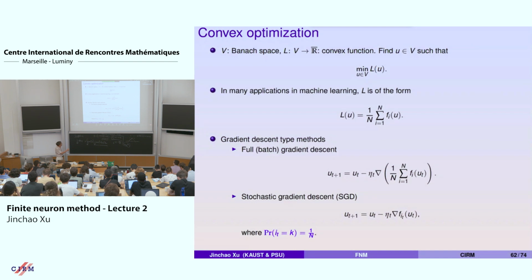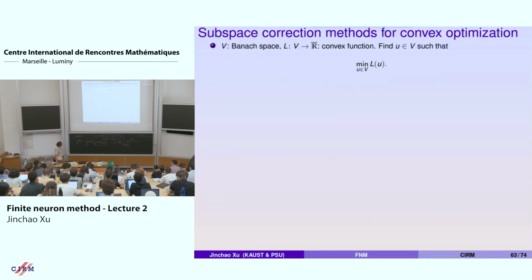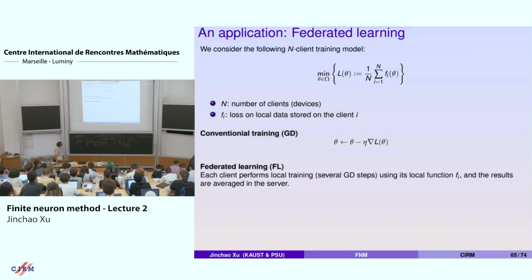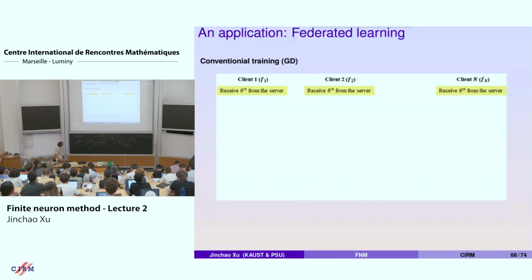What does stochastic gradient descent do? You have different clients, and different clients means different data. You have a deep neural network function there, and also the data. You have n data. I call it data decomposition. You decompose the data.